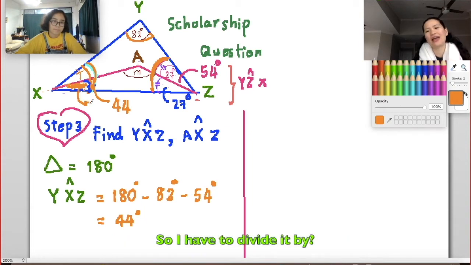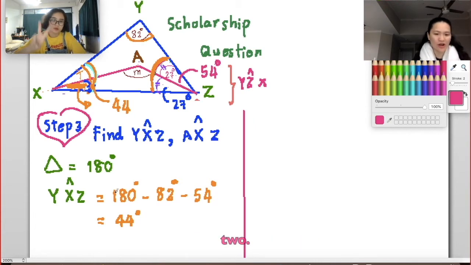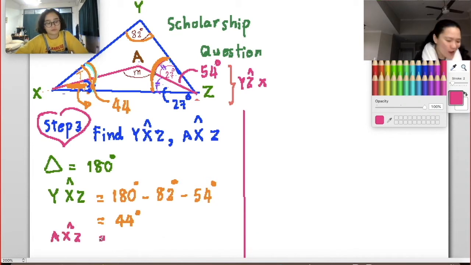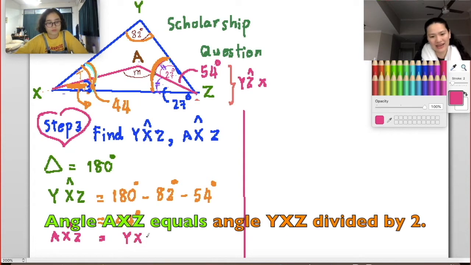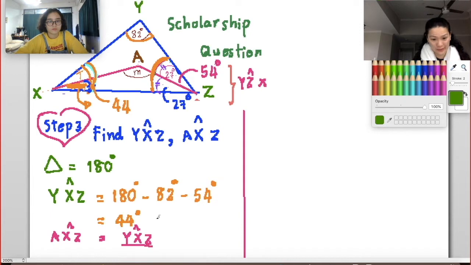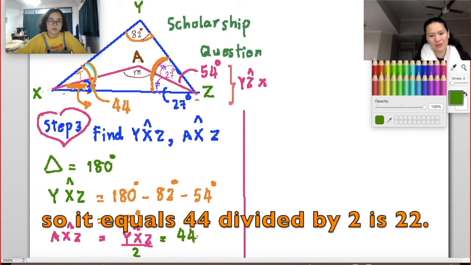So what I do, I have to divide it by 2. This one is named AXC. Angle AXC is equal to YXC divided by 2. So it's 44 divided by 2 and it's equal to 22.